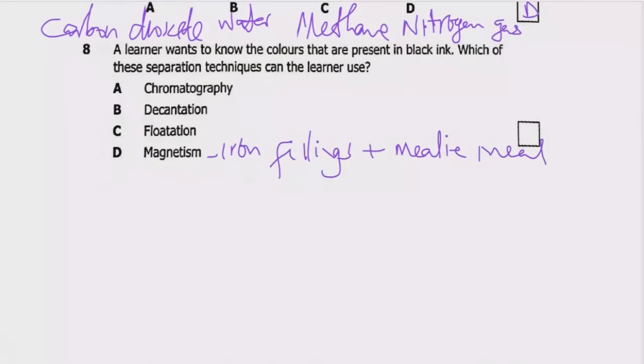Okay, on flotation, if we have water mixed with oil, then we can use flotation. That means the denser substance will settle down, then the lighter, less dense substance will float on top.